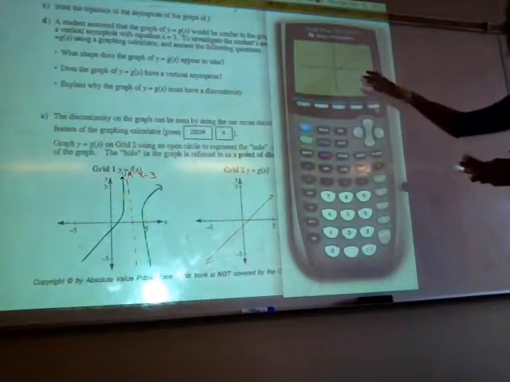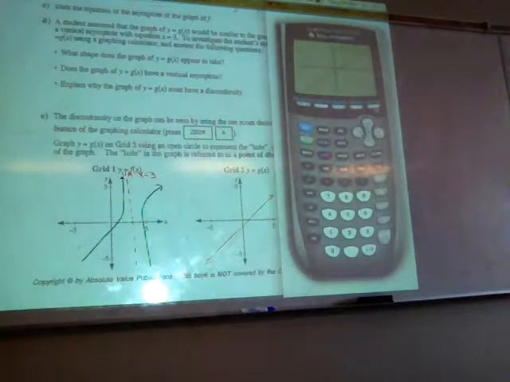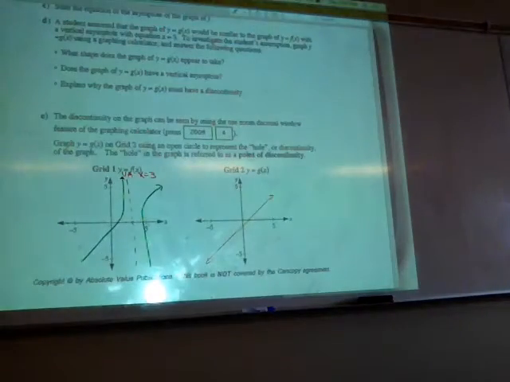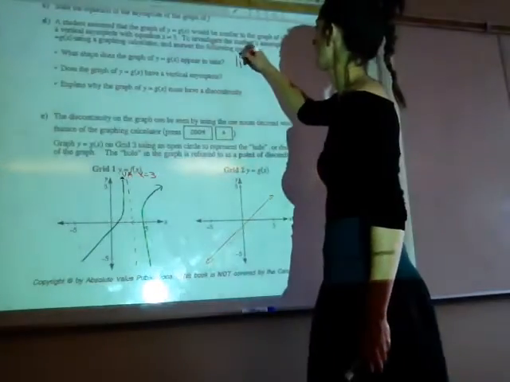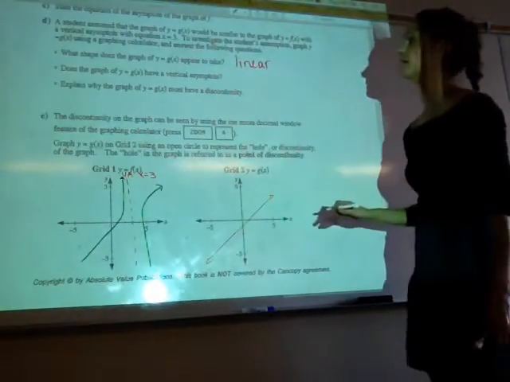So just looking at this graph, what shape is it taking on? Good, it's linear. So g of x is linear.